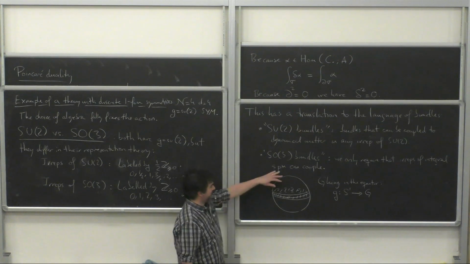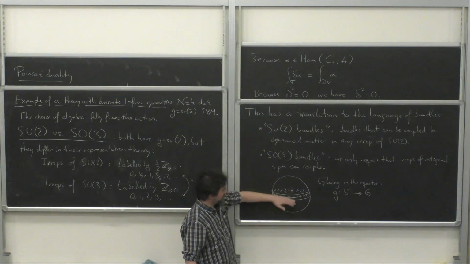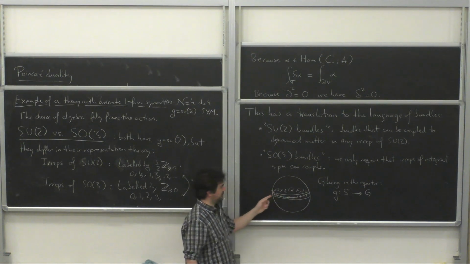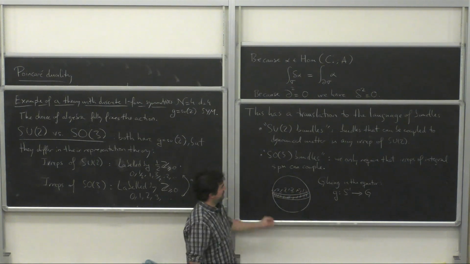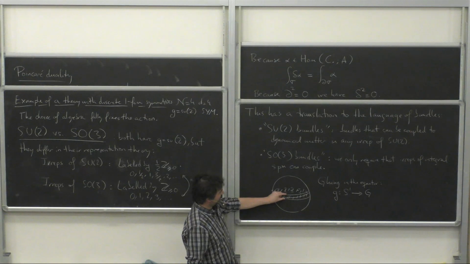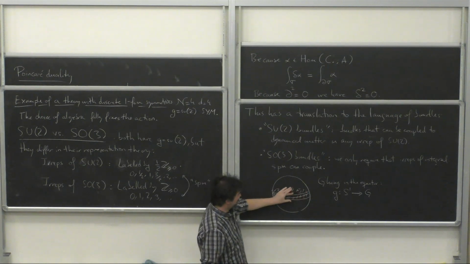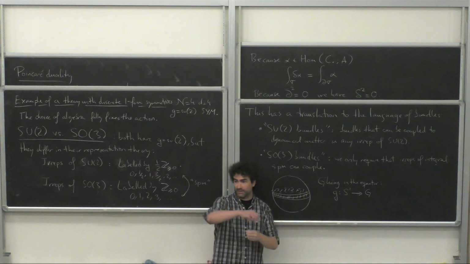I have two bundles, locally they are both SU(2) or SO(3). I go from this patch to this patch by a gauge transformation, which at each point gives me an element of the gauge group. Now, I have slightly thickened for the picture the overlap of the two patches. It's a cylinder, but this is, of course, contractible to the S^1. So the topological information is going to live in just an S^1.